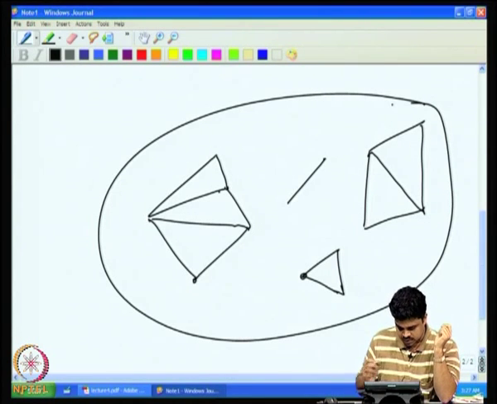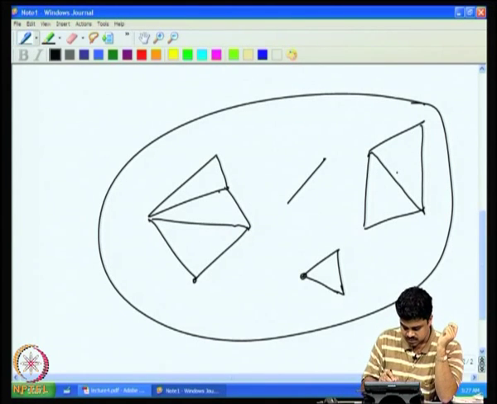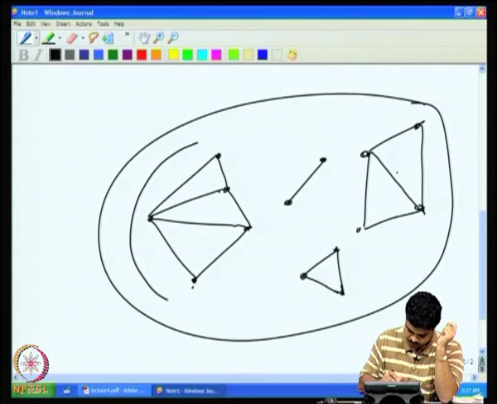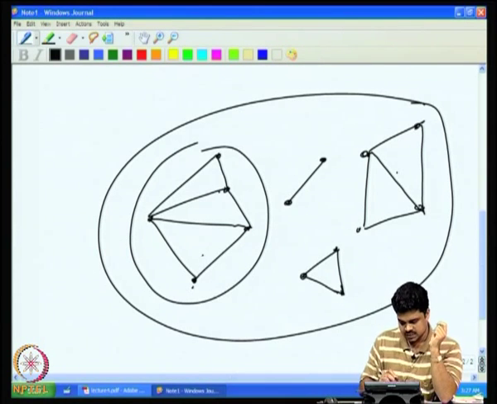Now this graph consists of 4 connected components. Some connected components have an even number of nodes in them, and some have an odd number of nodes. For instance, this one has 1, 2, 3, 4, 5 nodes, so it is an odd component, because it has an odd number of vertices.